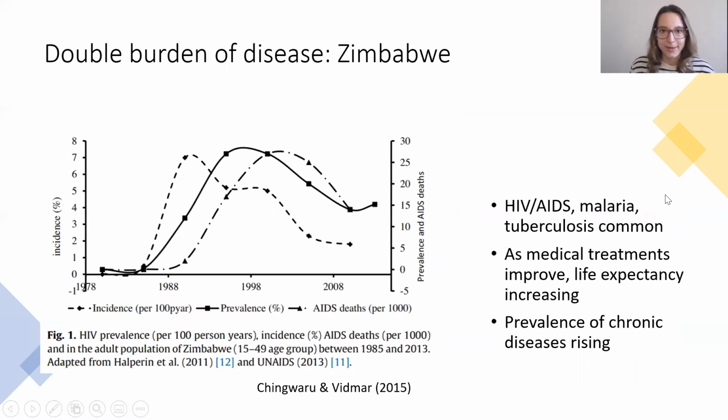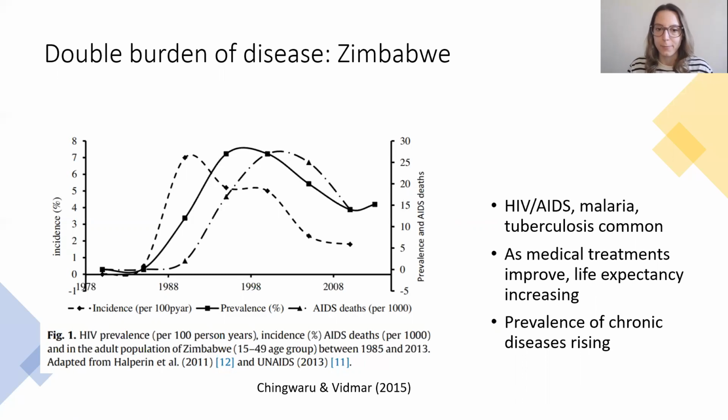Now, another place in the world that was facing this double burden of disease is Zimbabwe. And this is not uncommon, unfortunately, for many places in Africa. But Zimbabwe was particularly hard hit with the HIV epidemic in the 1990s. But luckily over time, they did develop some better survivorship, mostly due to changes in the way that we were treating individuals with HIV.